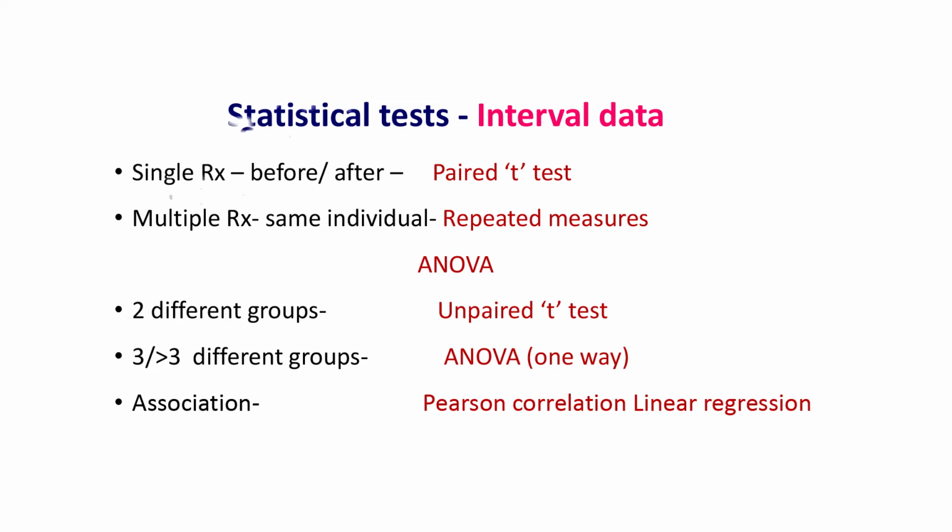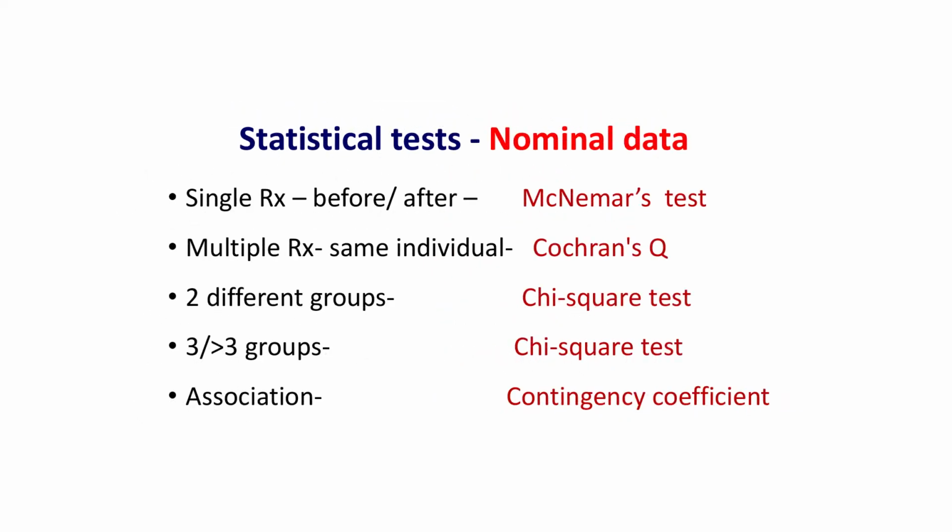If the data is nominal type and there is a single treatment, before and after, you are comparing the nominal data, for example how many episodes of some illness there were before treatment and how many of them got reduced. This kind of data is analyzed with a test called McNemar's test.